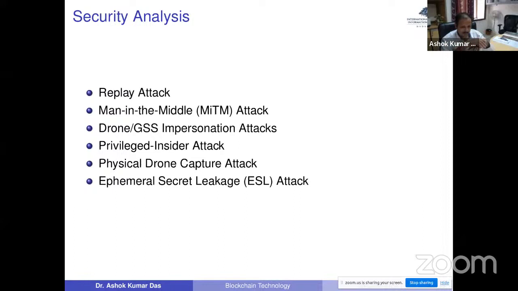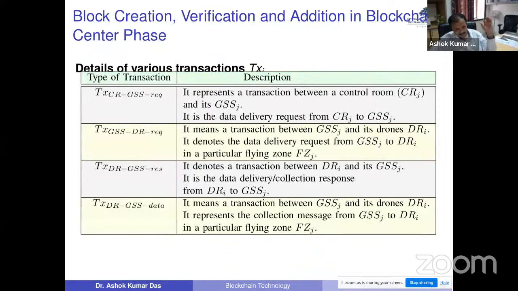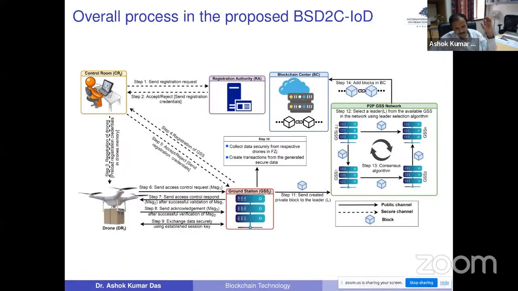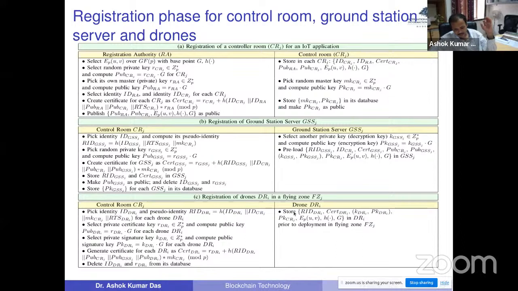Then the privileged insider attack is restricted, because a privileged insider attacker cannot know all the private and public keys of the entities. Then the physical drone capture attack. We have shown that even if a drone is captured, only that drone's information is exposed. This information is distinct and unique for each and every drone, because for each drone the private and public keys are all different.